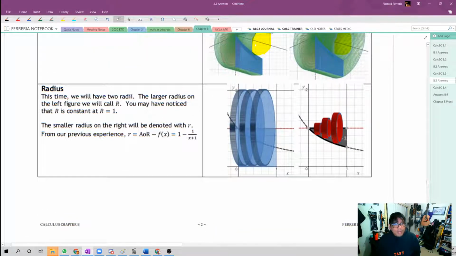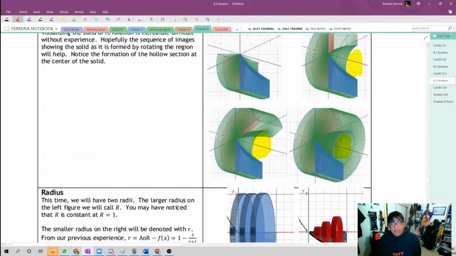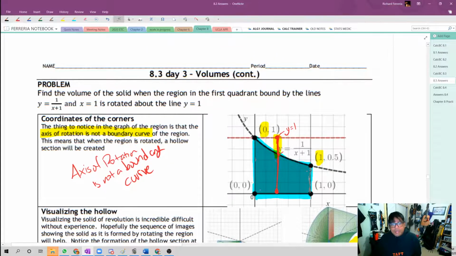So when we get back over to this, the smaller radius is the axis of rotation minus the function, which is 1 minus 1 over x plus 1. Now the larger radius, let's do this over here, a little bit on the side.